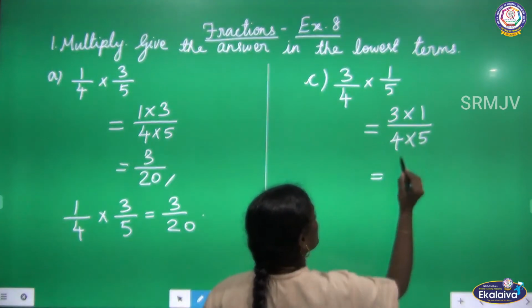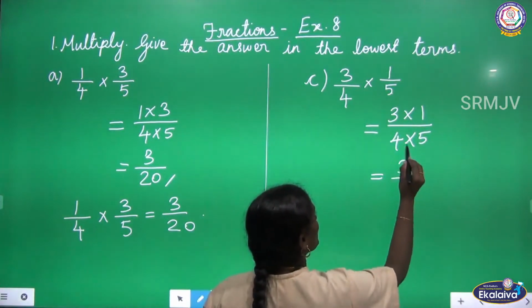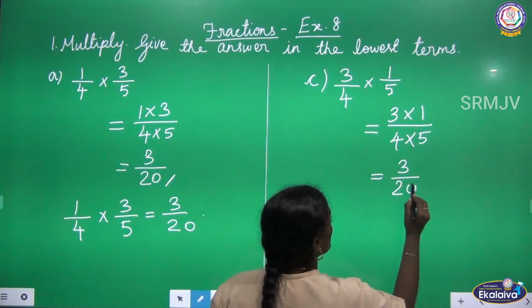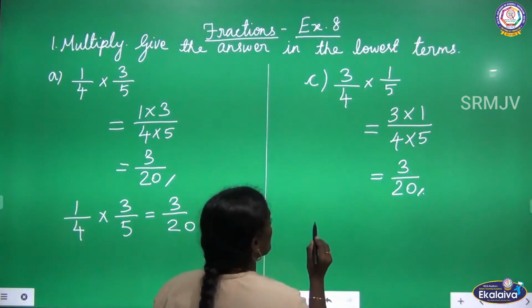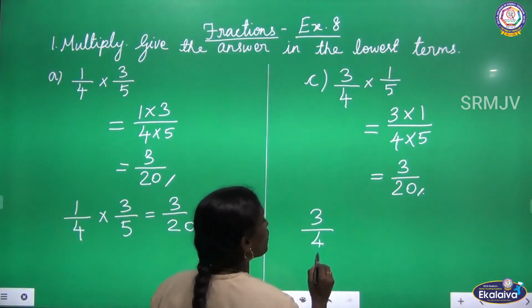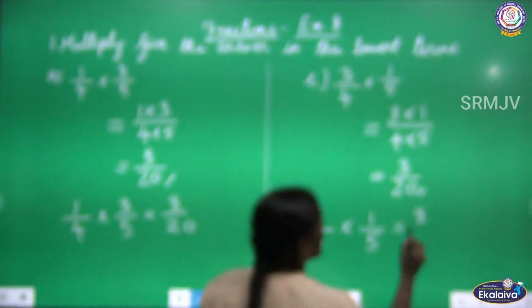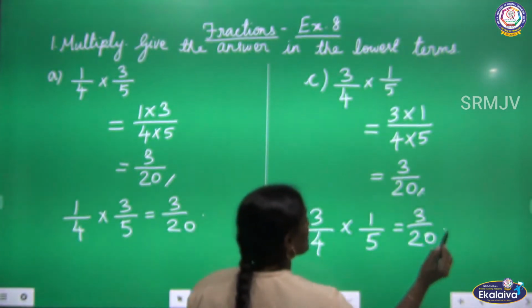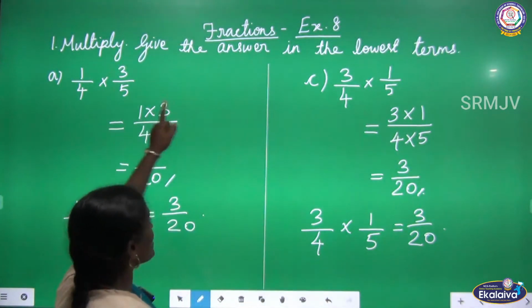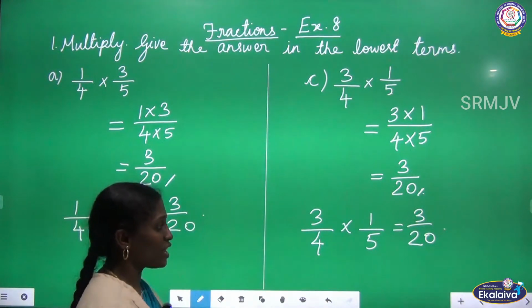Then we will get 3 into 1, 3, divided by 4 into 5, 20. 3 by 20. So the answer is: 3 by 4 into 1 by 5 is equal to 3 by 20. Is it clear? Here the fractions are different, but we are getting the same answer. Okay.